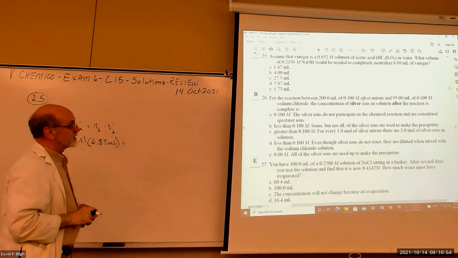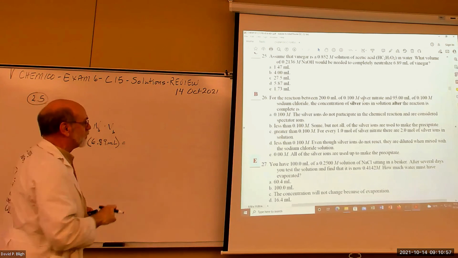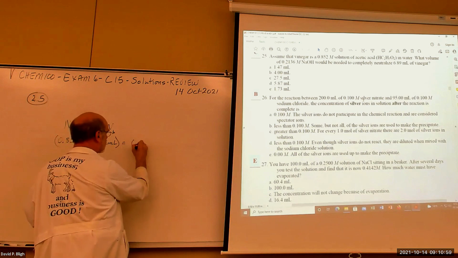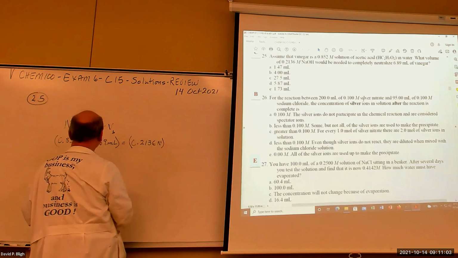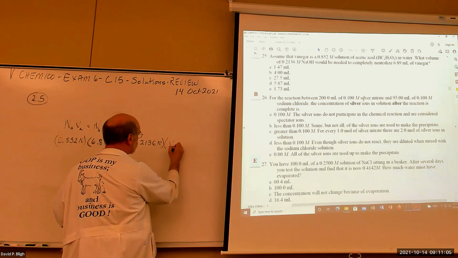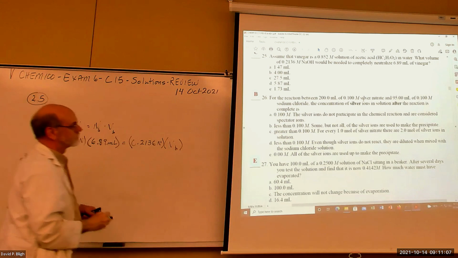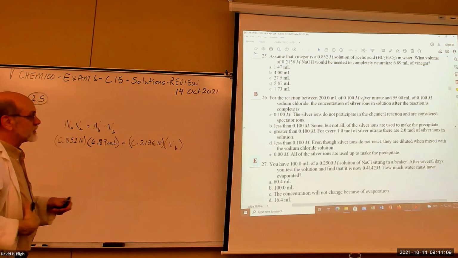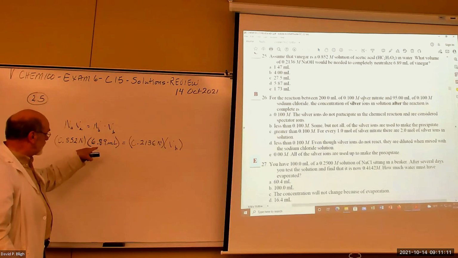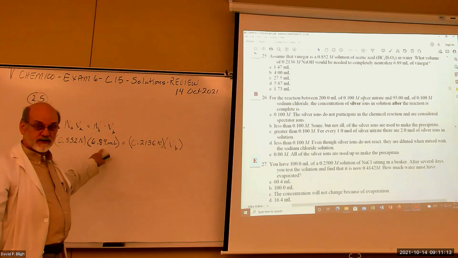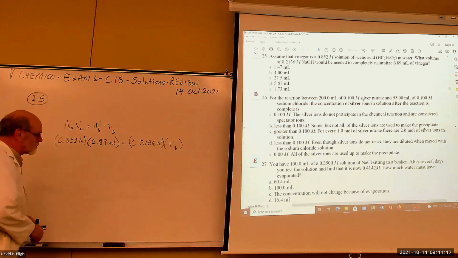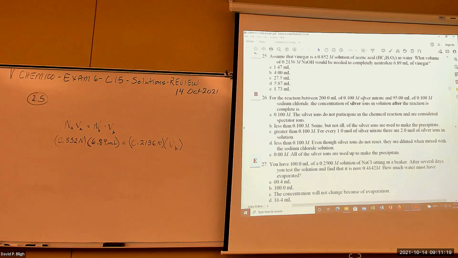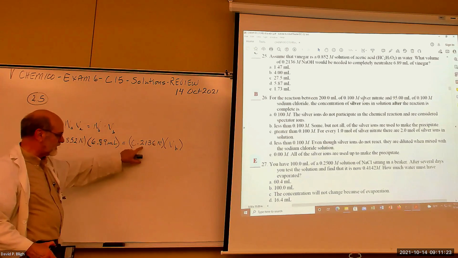Okay, the normality of the base is 0.2136. All right, and the volume of the base is our unknown. And notice, if we put one volume in milliliters, the other volume has to be in milliliters also. So let's see what it is. This one times that one divided by this one.